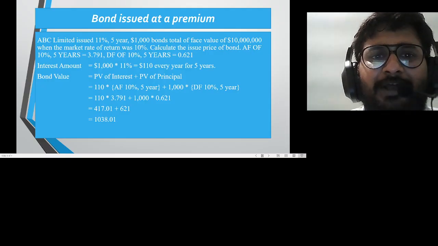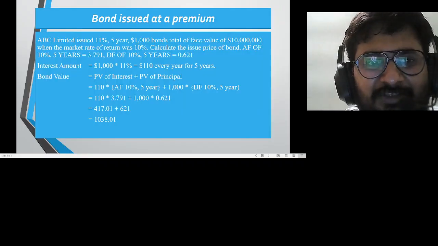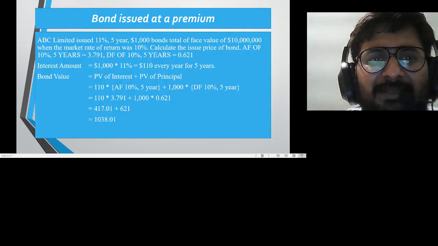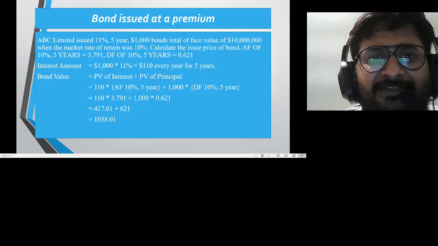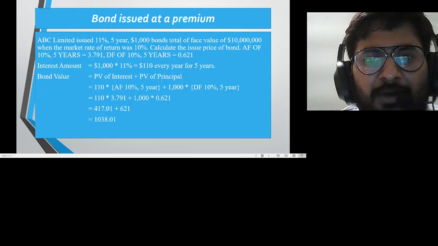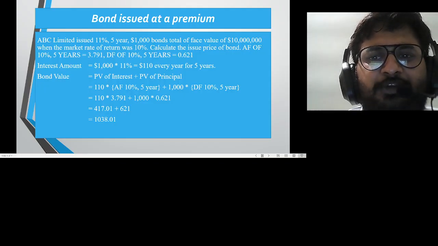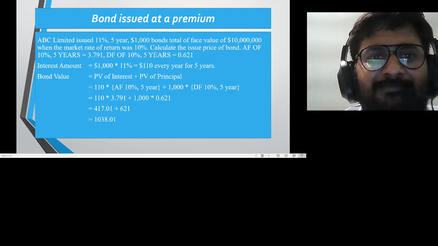Cash flows are fixed, so by buying it at a discount. Bond issued at a premium. Same question, only the coupon rate has been changed. ABC Limited issued a 11% coupon rate, 5 year term bond, $1,000 face value, bonds of total face value $10 million, when the market rate of return was 10%.